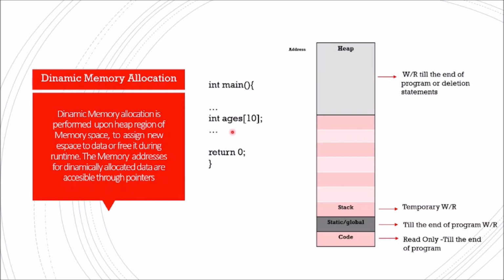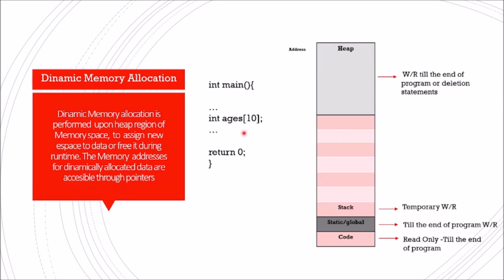What if I was collecting ages and I end up with a total of 20 ages? In that case, this array will not be suitable for that task because it has a fixed size of 10, okay?